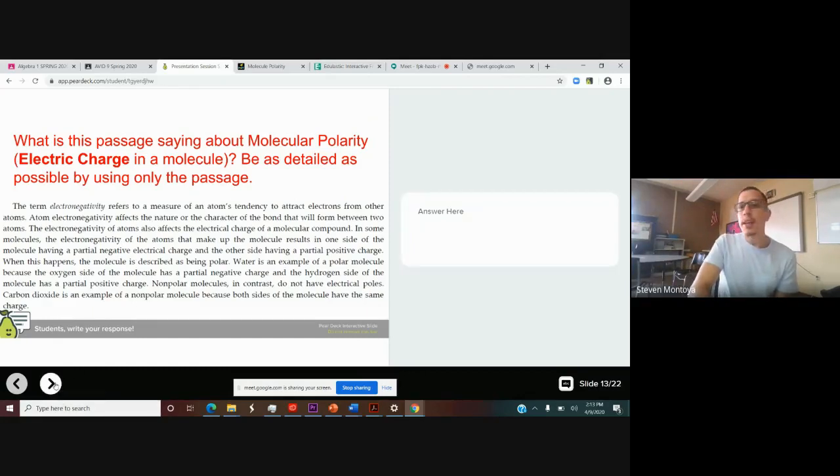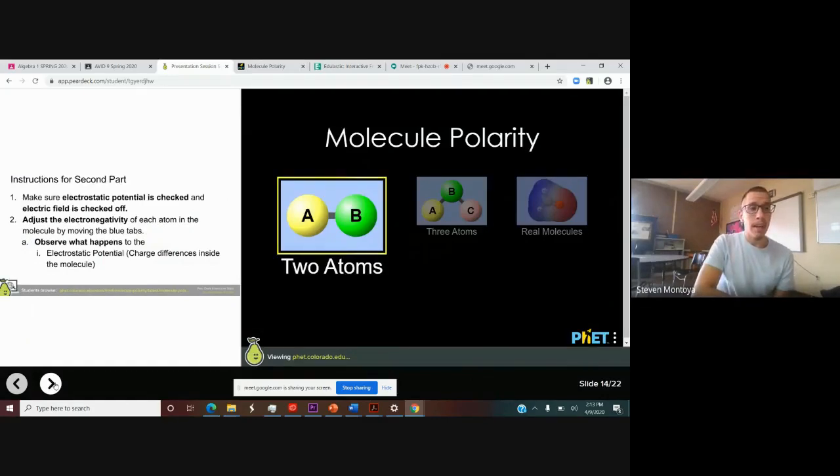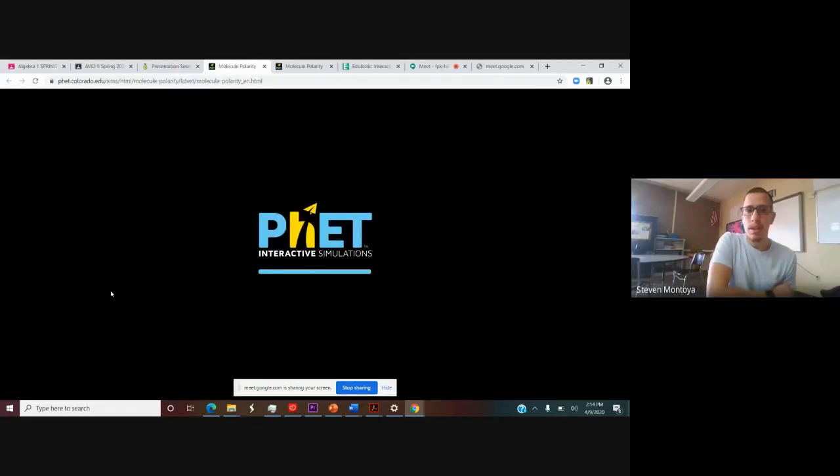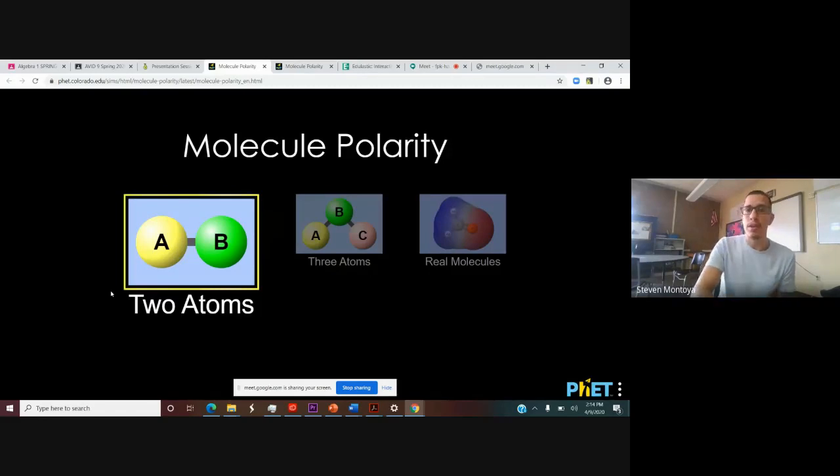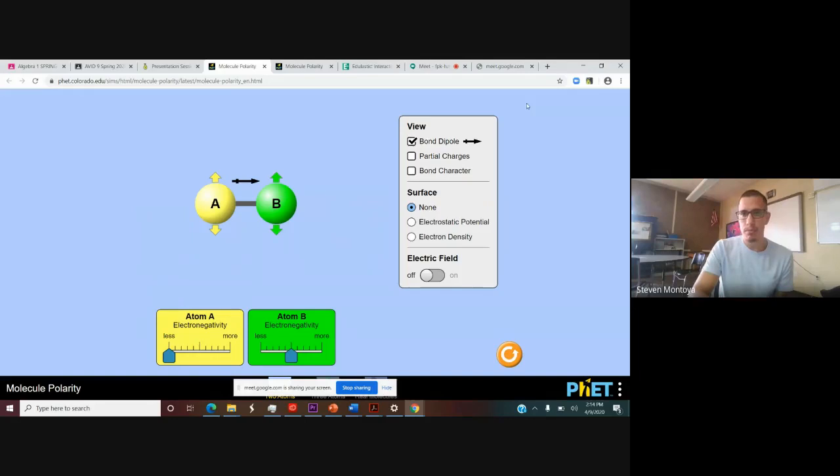After you do this slide, the next slide on your peer deck is the simulation slide and the instructions on there, okay? We're gonna adjust electronegativity to see what happens with electrostatic potential, okay? And I am gonna click this bottom link down here to open it up in a new window so you guys could see it better, right?